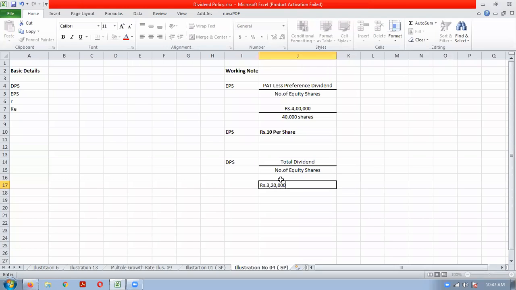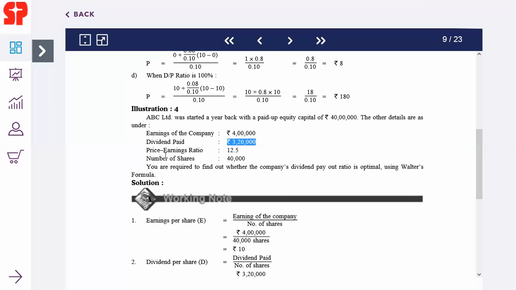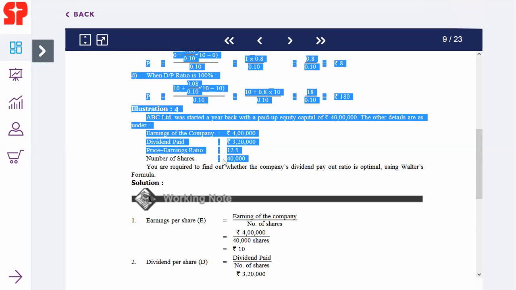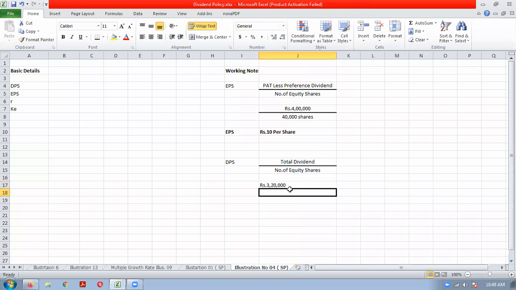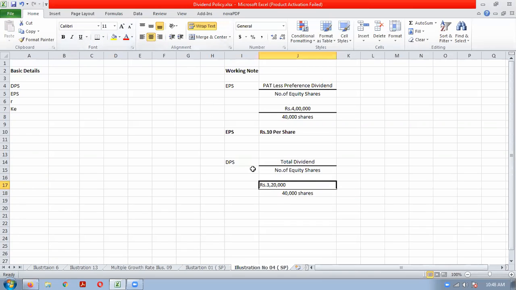Number of equity shares is 40,000. So 3,20,000 divided by 40,000 will be 8 rupees. So dividend per share is 8 per share.